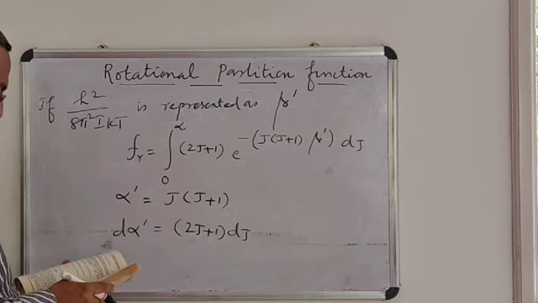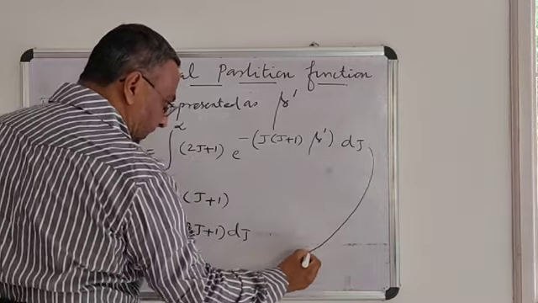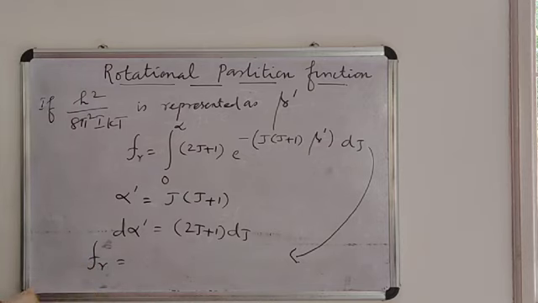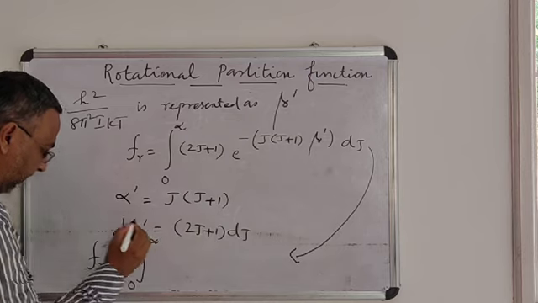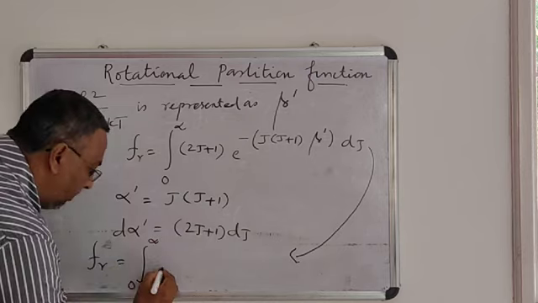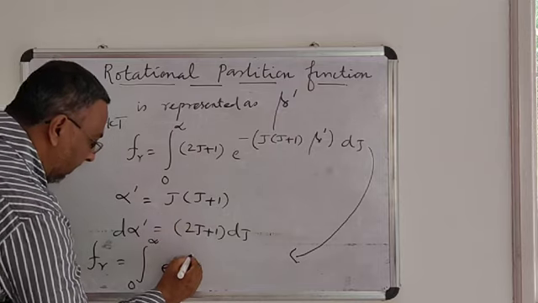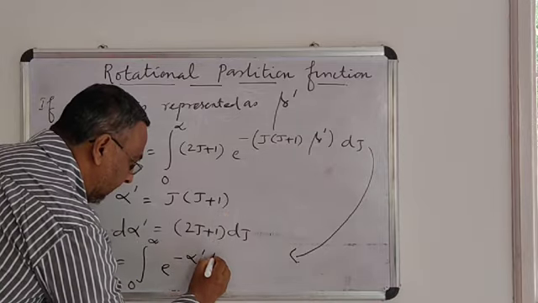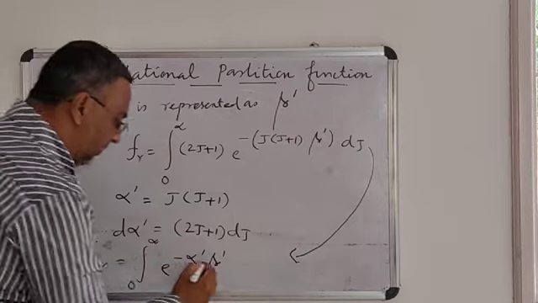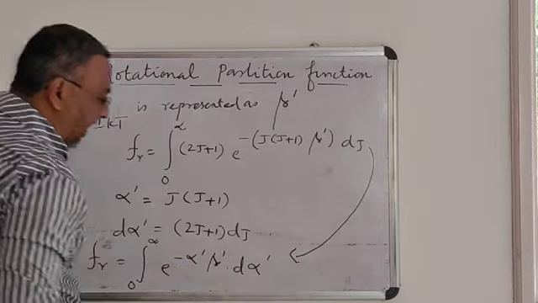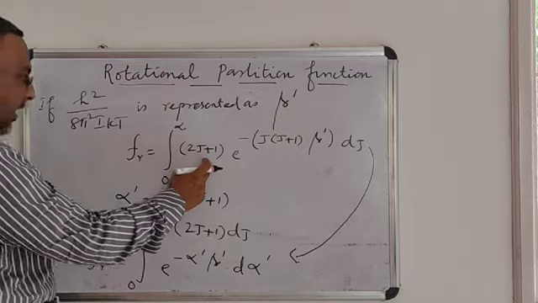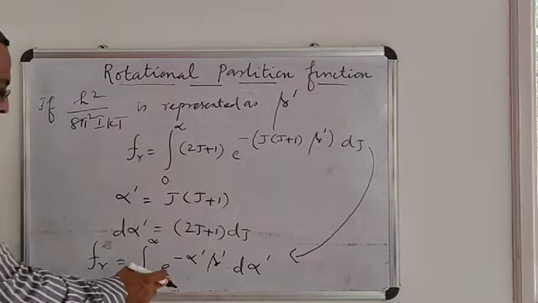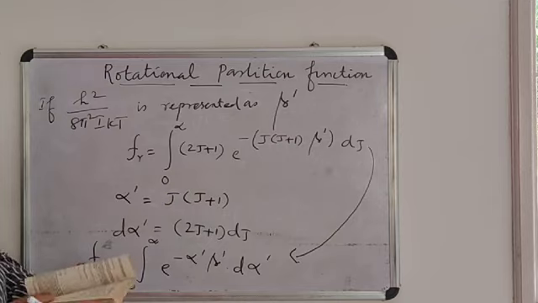Therefore, the rotational partition function on integration from 0 to infinity becomes e power minus alpha dash times beta dash, into d alpha dash. We are getting this value.